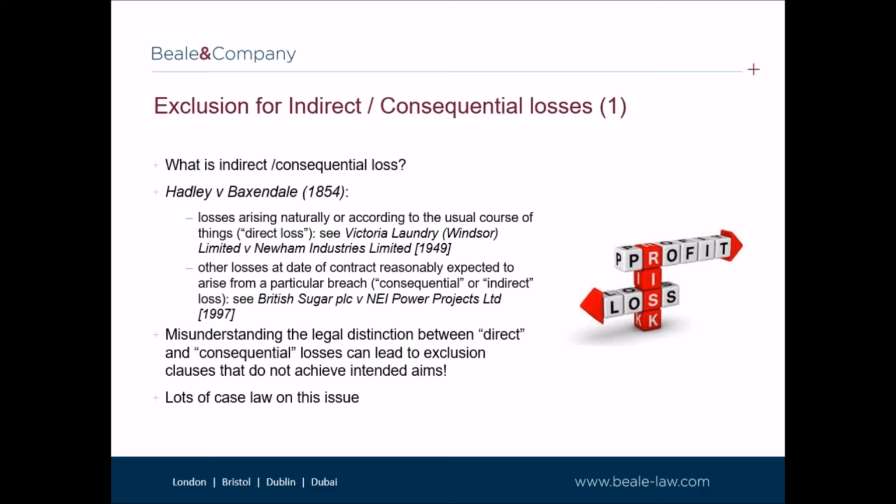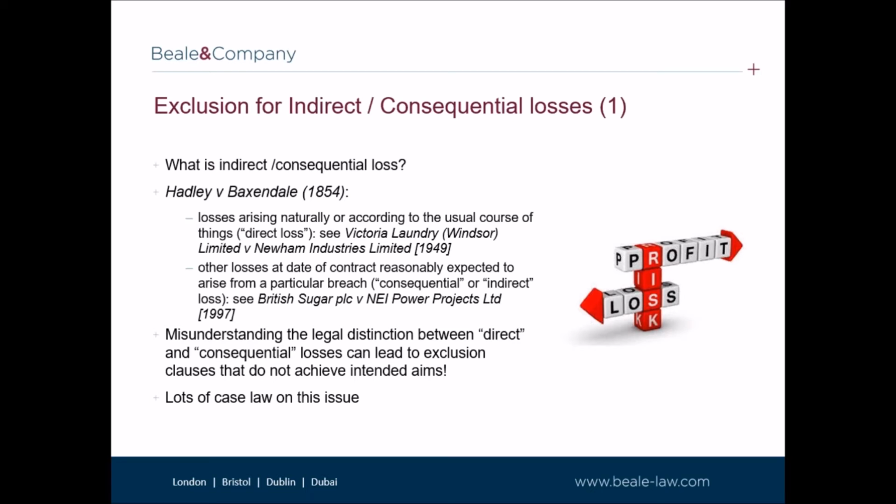For example, in Pegler Limited and Wang, a 2000 case, the exclusion clause stated that the defendant shall not in any event be liable for any indirect, special or consequential loss, howsoever arising, including but not limited to loss of anticipated profits or of data.